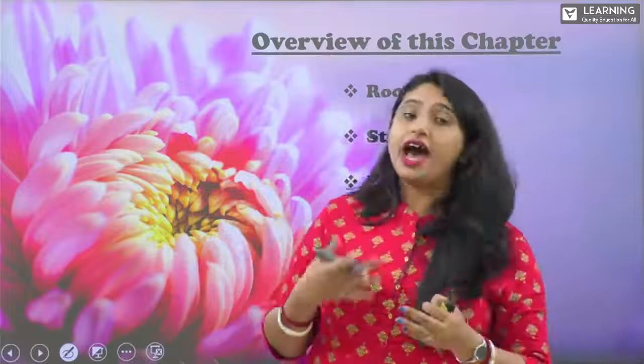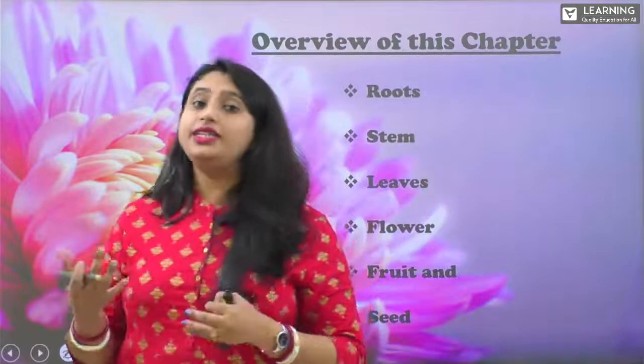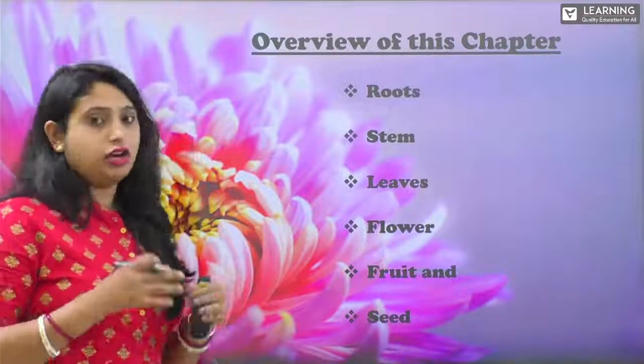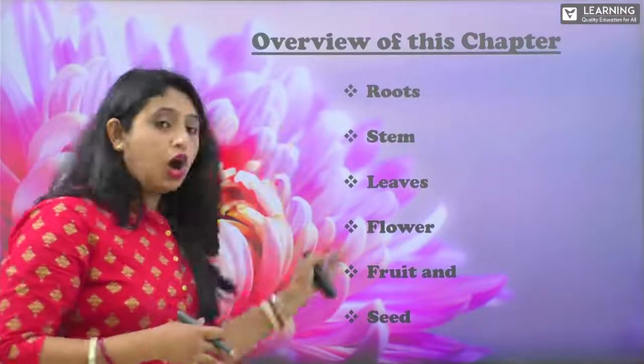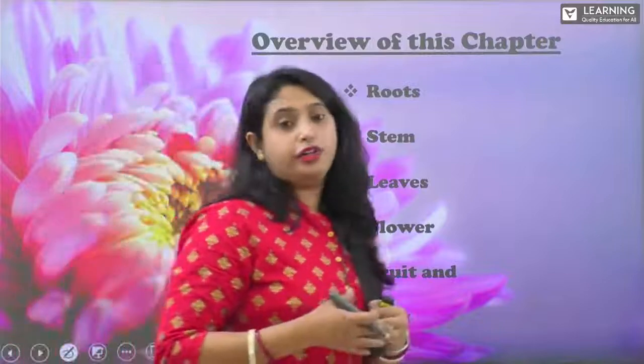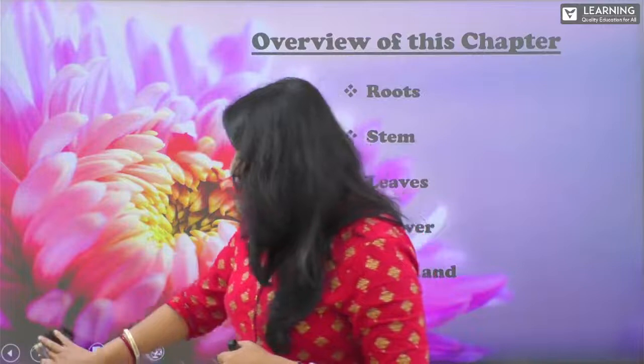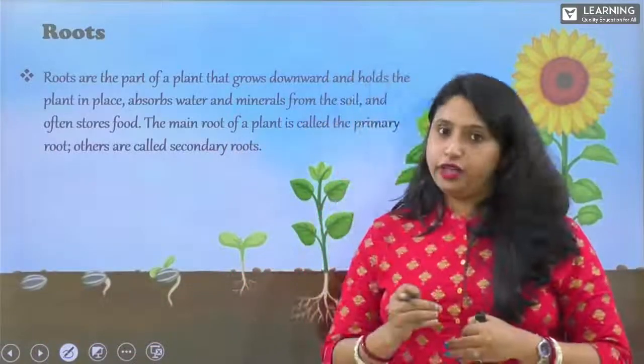In fruits, you will be learning about the true fruits and the false fruits. And in seeds, we will be learning about the monocotyledonous seeds and the dicotyledonous seeds. So this is all about this chapter. We will be covering all the topics in this chapter. So without any delay, let's learn about roots today.